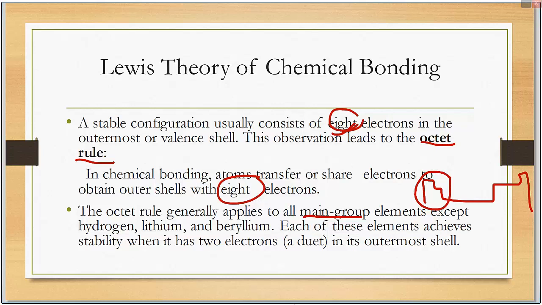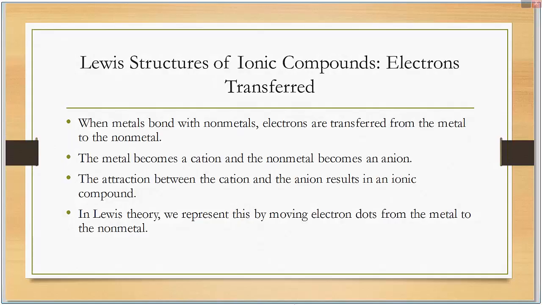So these over here as well. Each of these elements achieves stability when 2 electrons, a duet, is in the outermost shell. Remember, valence electrons are the ones being shared or given and taken, and they're the ones that determine the reactivity.